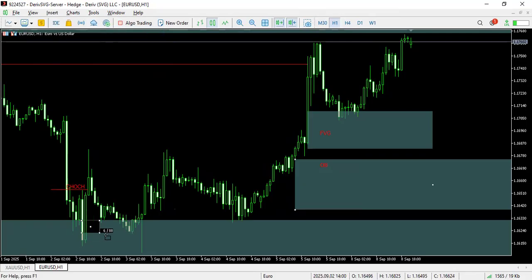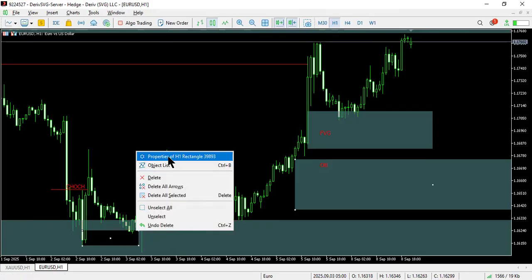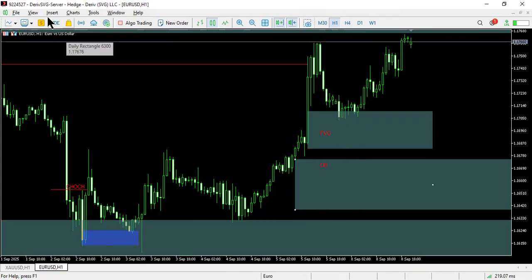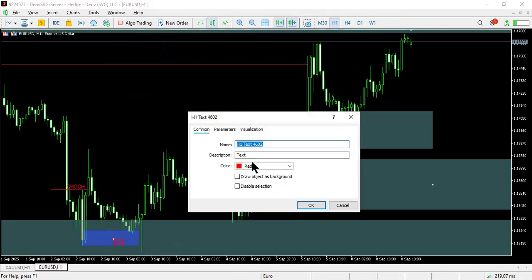And then it came back to tap into the origin, which caused that change of character. So it came back to tap into the order block, which caused that change of character.